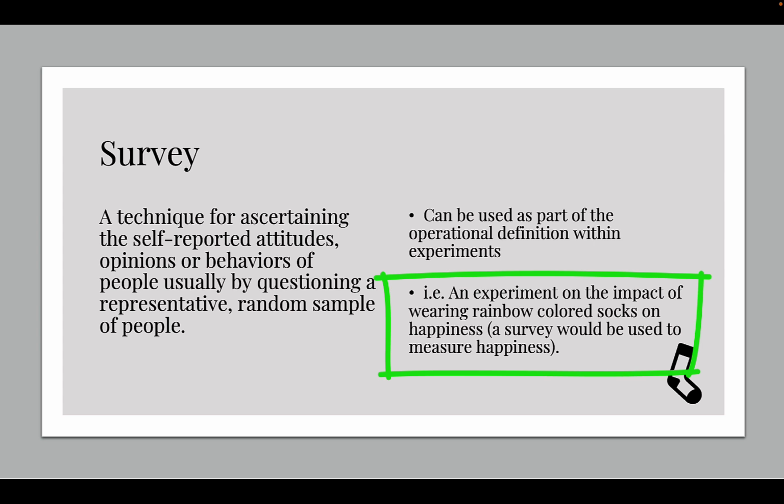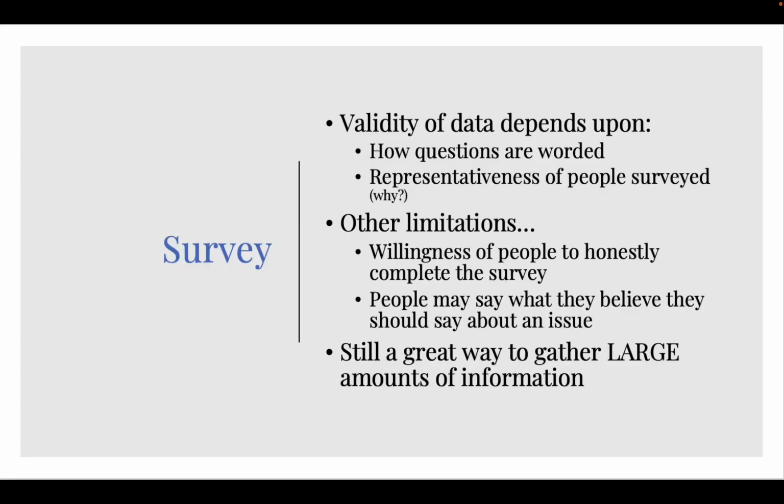It's a concept. It's not something that you can measure with a ruler. It's a feeling, and really the only real way to assess it is through self-reporting, right? You have to ask somebody which color socks makes them happiest. And so my operational definition within my experiment of my dependent variable would be using a survey, okay?